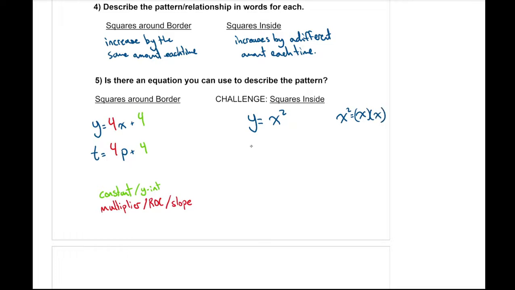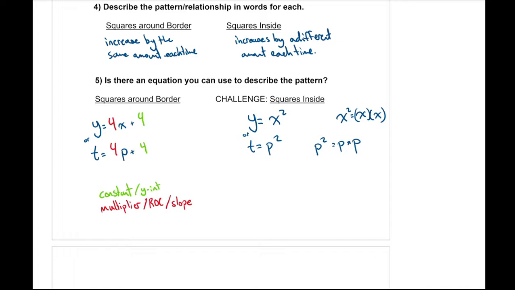Or if you prefer, we can say the number of tiles is equal to the position number squared, because p squared is just equal to p times p. So that is the pattern for the squares on the inside.